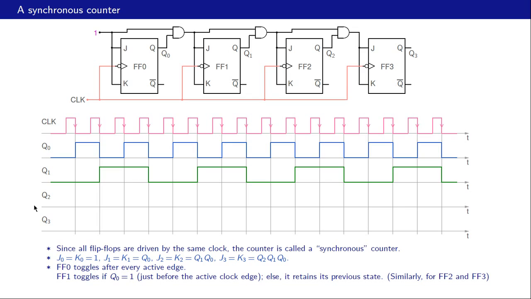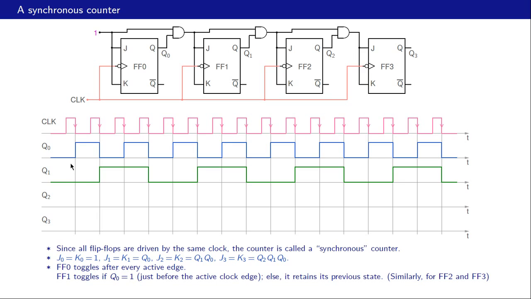Let us look at Q2 now. For Q2 we need to look at J2 equal to K2 equal to Q1 Q0. So we need to look at this function just prior to the active edge. If that function is 0, then there would be no change in Q2. If it is 1, then Q2 is going to toggle. Alright, so let us say Q2 is 0 in the beginning.